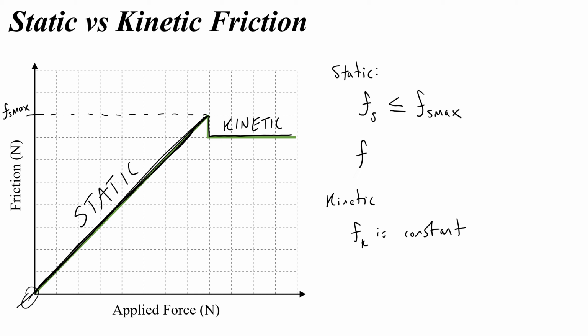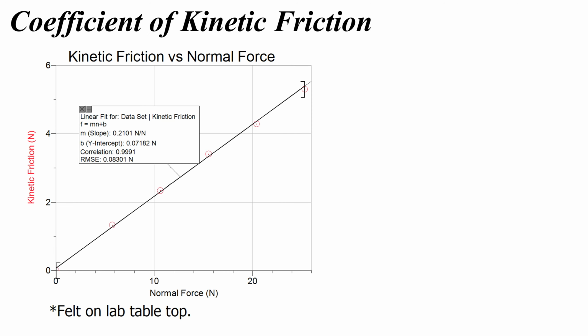And so we can say that the static friction is always less than or equal to the coefficient of static friction, which tells us about the max, times the normal force. So sometimes you'll see the equation for static friction written like this. It can be anything from 0 to the maximum. And the way that you can decide what the maximum is is by using the static coefficient of friction and multiplying it by the normal force.